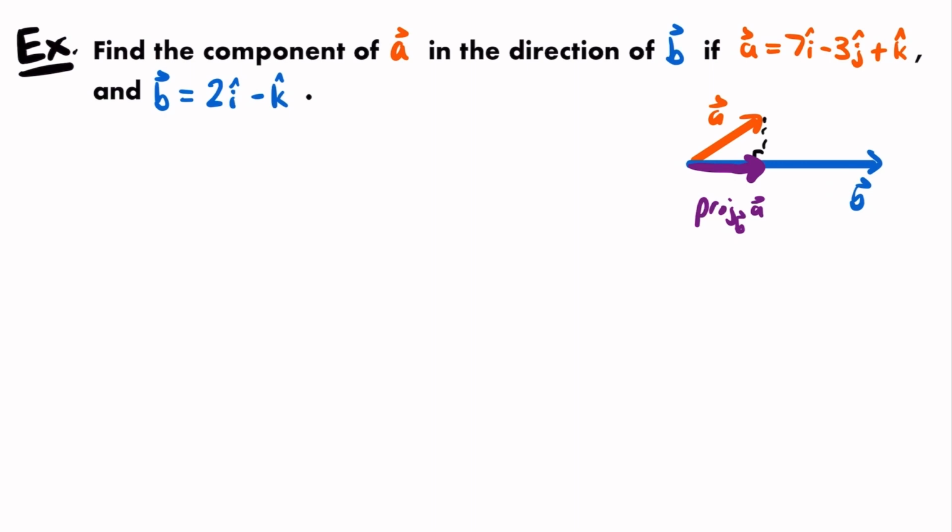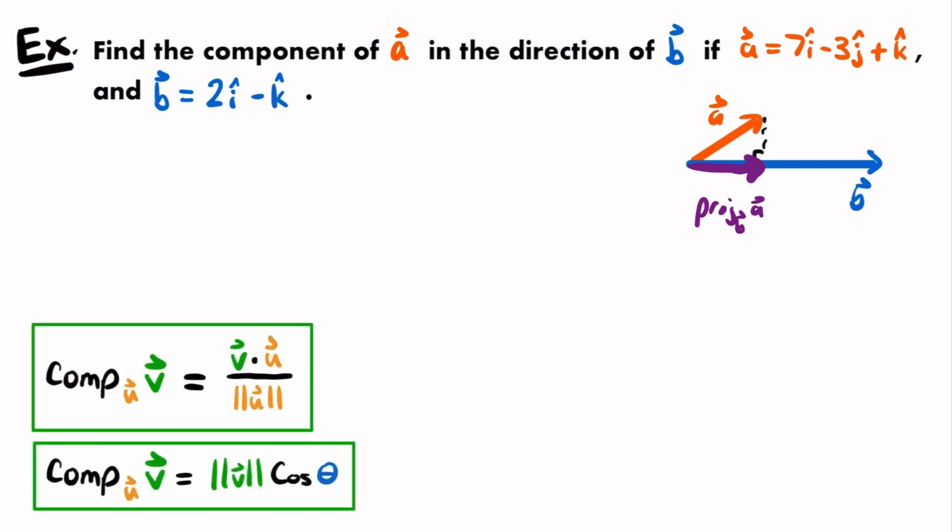Okay? And so if we want to find that component of A in the direction of B, we need to use one of the following two formulas. These are the same formulas I showed you in the previous example. Of course, we do need to apply them to vectors A and B, not vectors V and U. But the formulas still do apply. This formula is for when you don't know the angle between your vectors, and this formula is for when you do. Now, last time we did know the angle between our vectors, but this time we don't, right?